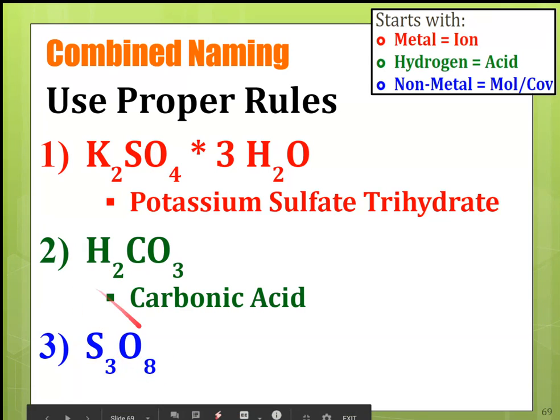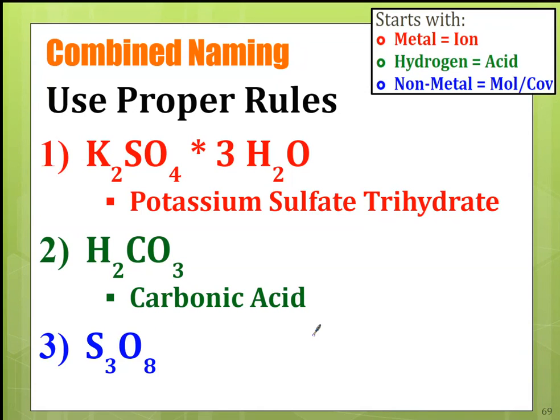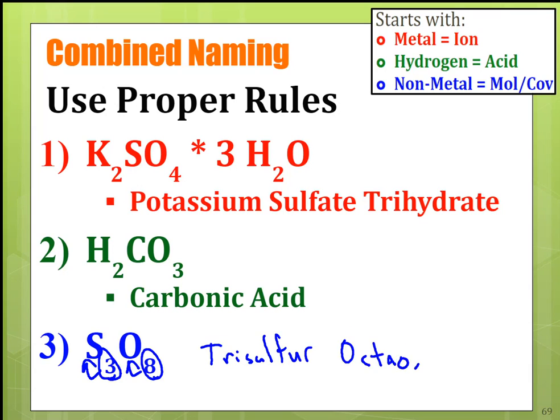So then we get this over here. Who can name this? First off, it starts with sulfur, so this thing is definitely molecular covalent. And as such, the big things are these prefixes. The 3 goes with the S, the 8 goes with the O. 3 is trisulfur, and then 8 is octa, oxide, because remember it ends in IDE when we put it in a compound.